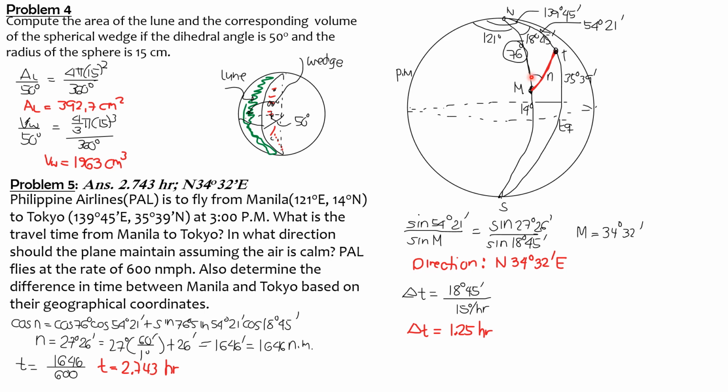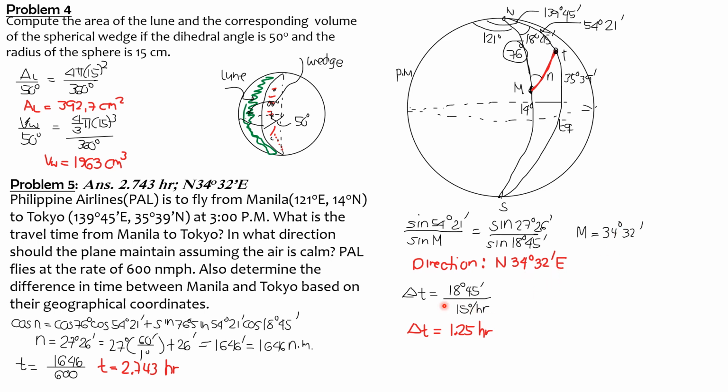So sine of side opposite 54 degrees 21 minutes over sine of angle M equals sine of n, which is 27 degrees 26 minutes, over sine of angle opposite it 18 degrees 45 minutes. So M is 34 degrees 32 minutes. Therefore, the plane must follow the direction north 34 degrees 32 minutes east.